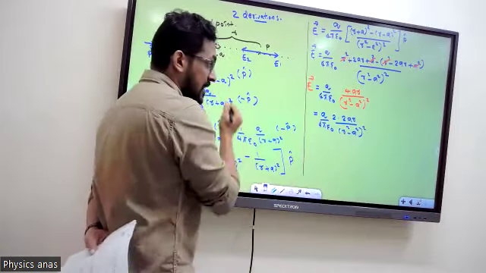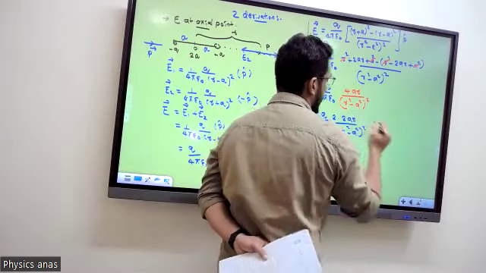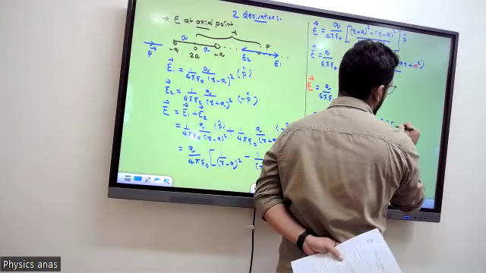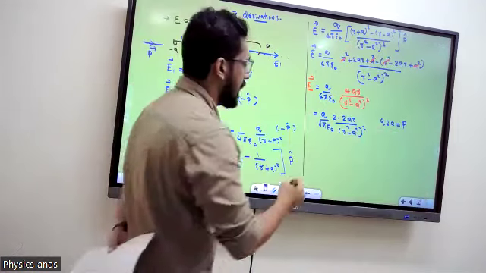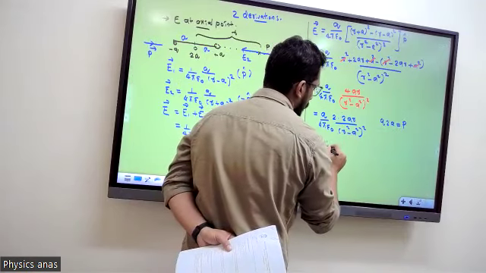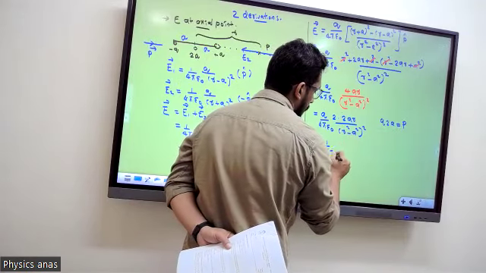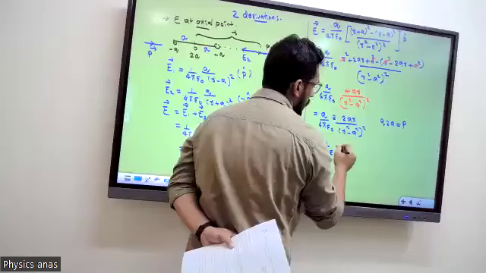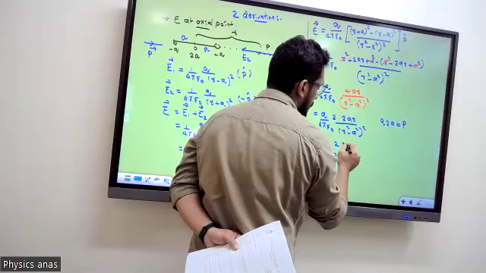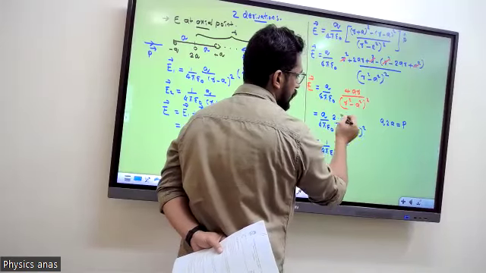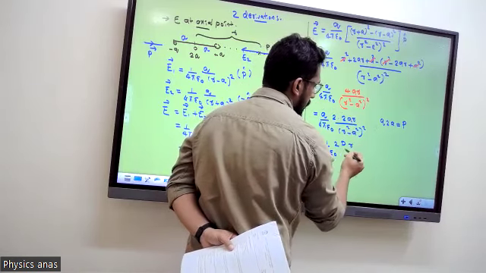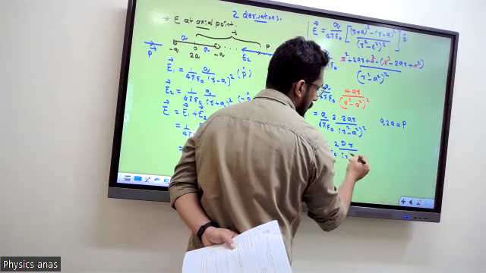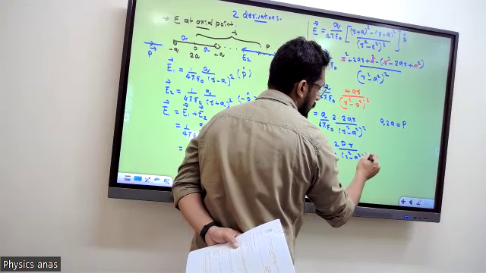Just look at it: you have Q2A, and Q2A is the dipole moment P. So you can write 1 by 4 pi epsilon naught, 2P R divided by (R square minus A square) the whole square.